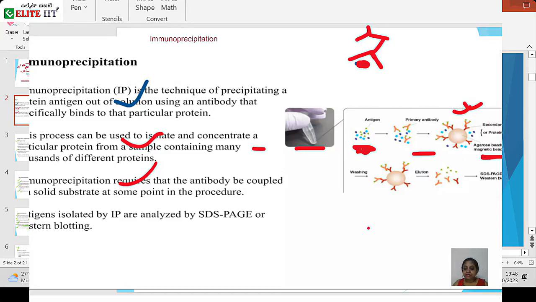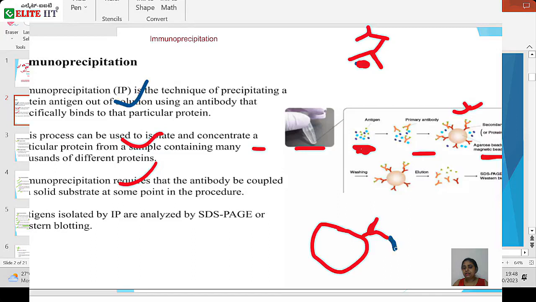See here, if you consider this is one magnetic bead, a bigger size magnetic bead. With the magnetic bead, what is attached? Actually, the secondary antibody. Now, with the secondary antibody, what is attached?